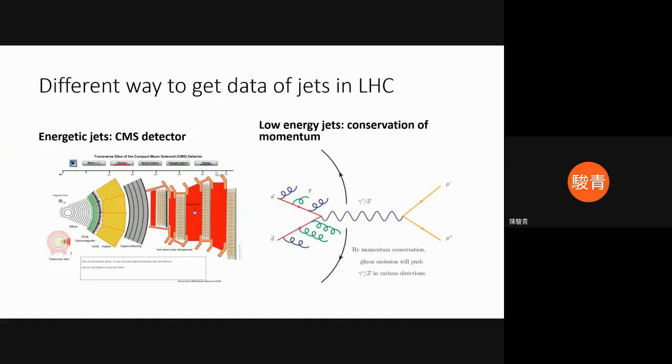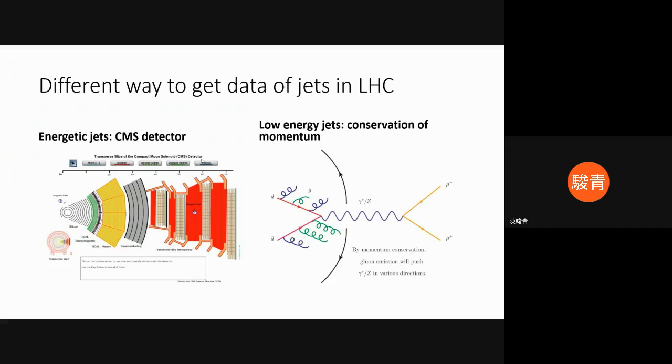In real cases such as the LHC, we actually cannot record every part of an event in collisions, since some of the jets have too low energy for us to detect. So there are 2 ways for us to get the data of jets. The first one is to use the CMS detector to detect the energetic jets.